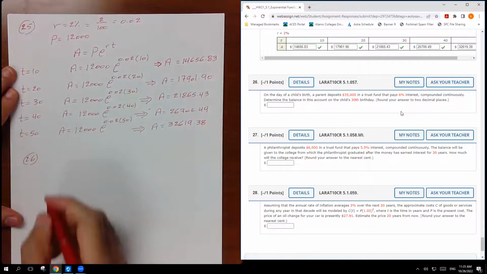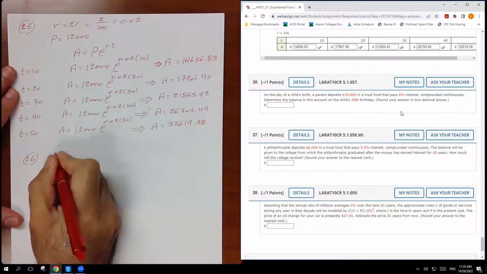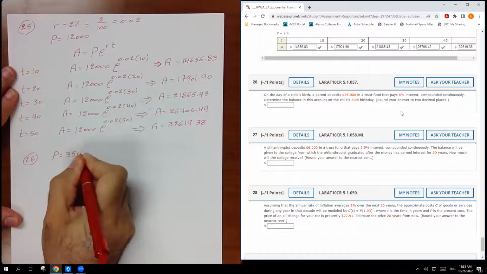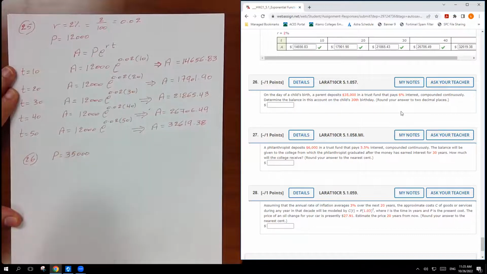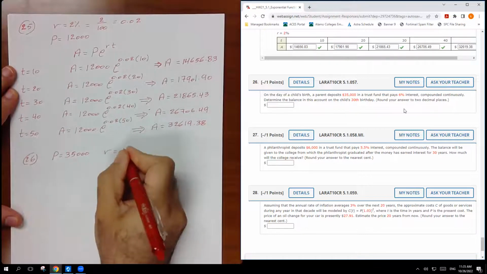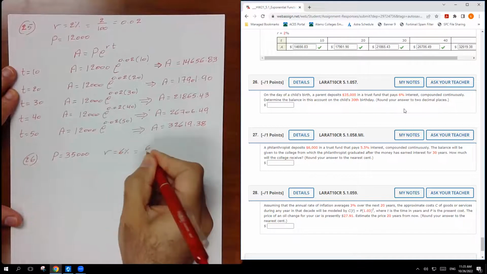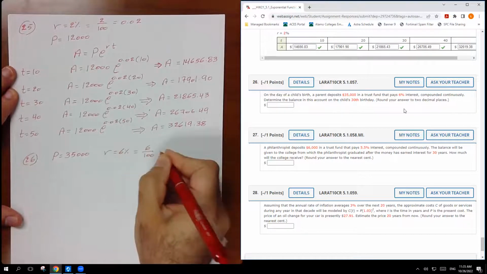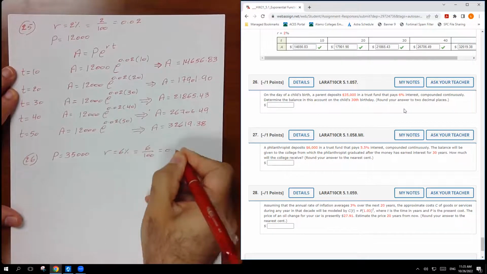So our deposit, which is the principal, is 35,000. The rate is 6%, which is equal to 6 divided by 100, and this is going to be 0.06.